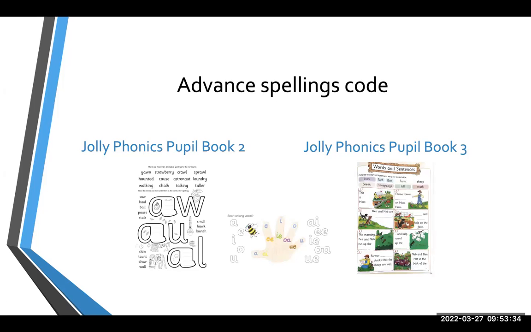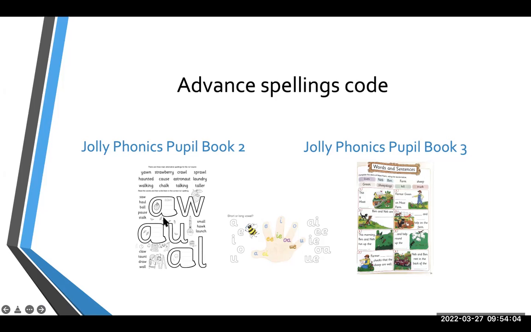So, if we look into the advanced spelling codes in Jolly Phonics Book 2 and Jolly Phonics Book 3, we would be able to understand there are lots of alternative spellings and advanced spelling codes and sentences. For example, in Book 2, you can see that there are spellings, and when you are teaching them and you are looking into the teacher's book, you would be able to find the lesson plans of teaching these alternative spellings.